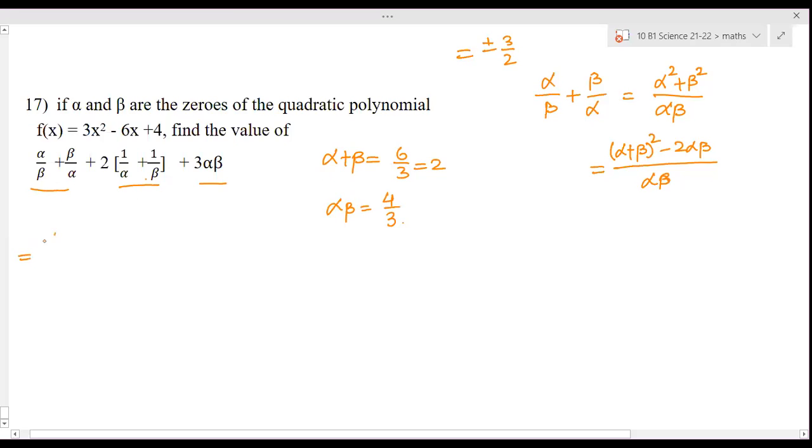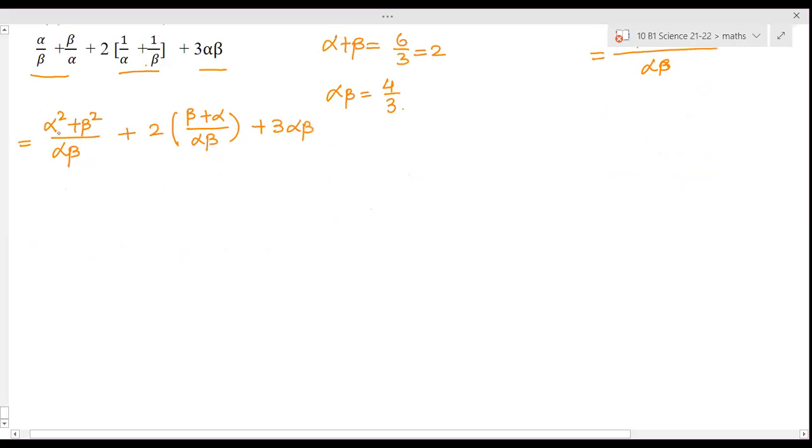First part, it will be alpha square plus beta square by alpha beta, right? Then second part, plus 2 into beta plus alpha by alpha beta by taking LCM. Then plus 3 alpha beta. Now alpha square plus beta square, use identity: alpha plus beta whole square minus 2 alpha beta by alpha beta, plus 2 into beta plus alpha by alpha beta, plus 3 alpha beta.